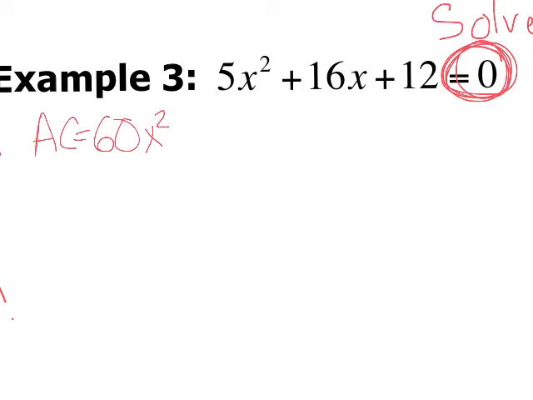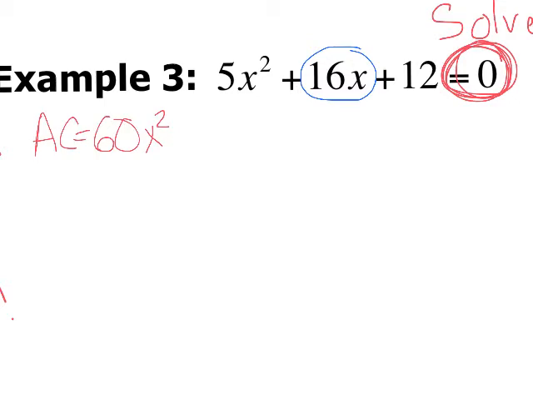Remember, I can list through them if I want to. 1 and 60, 2 and 30, 3 and 20, 4 and 15, and all those. But I'm looking for the pair that will break my middle term apart. So they need to add up to be that middle term. So what numbers multiply to 60 that also add to 16?